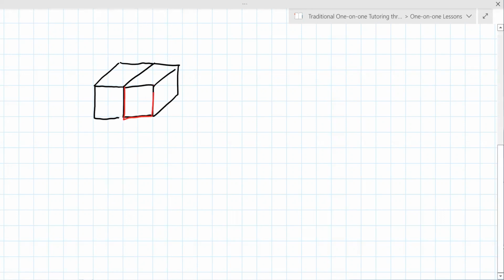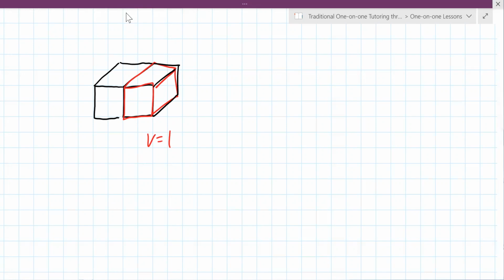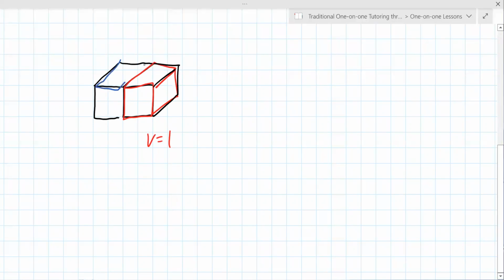The first one that I made, its volume is 1. So each block is a volume? Yes. So the other one also has a volume of 1. So they add together to make 2. Good.